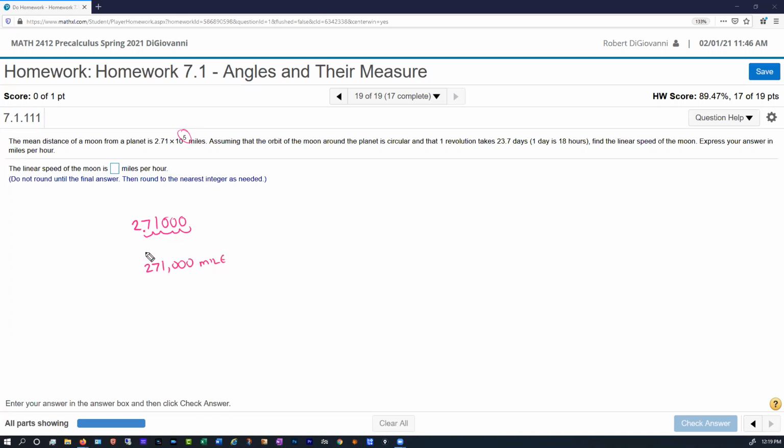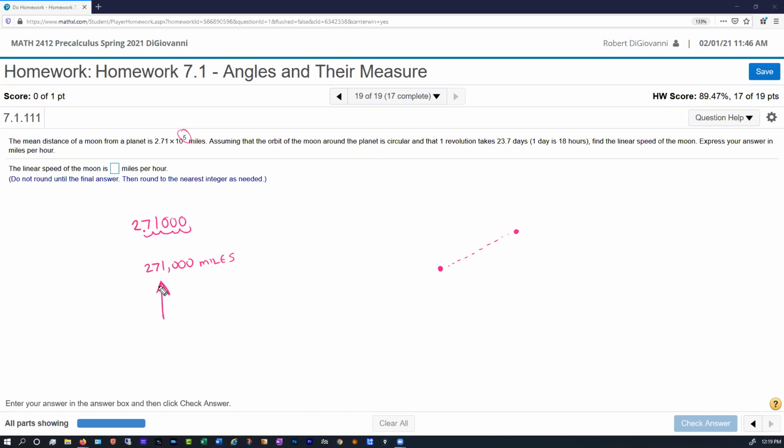So they're saying that the mean distance, which is like the average distance of a moon from some planet, is 271,000 miles. Okay, assuming that the orbit of the moon around the planet is circular. So we have a planet here and we have a moon, right? We know that that distance from here to here is that number, 271,000 miles.